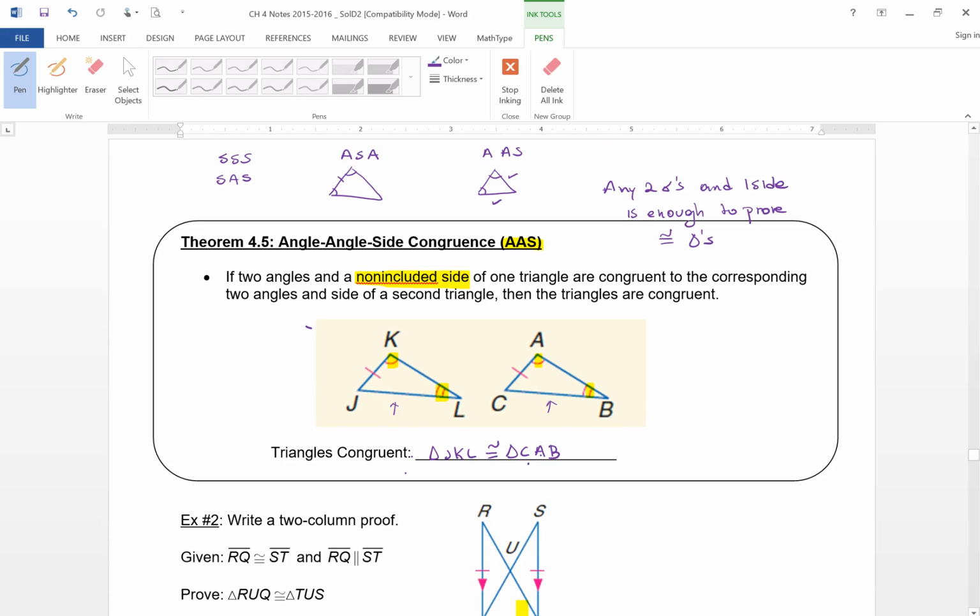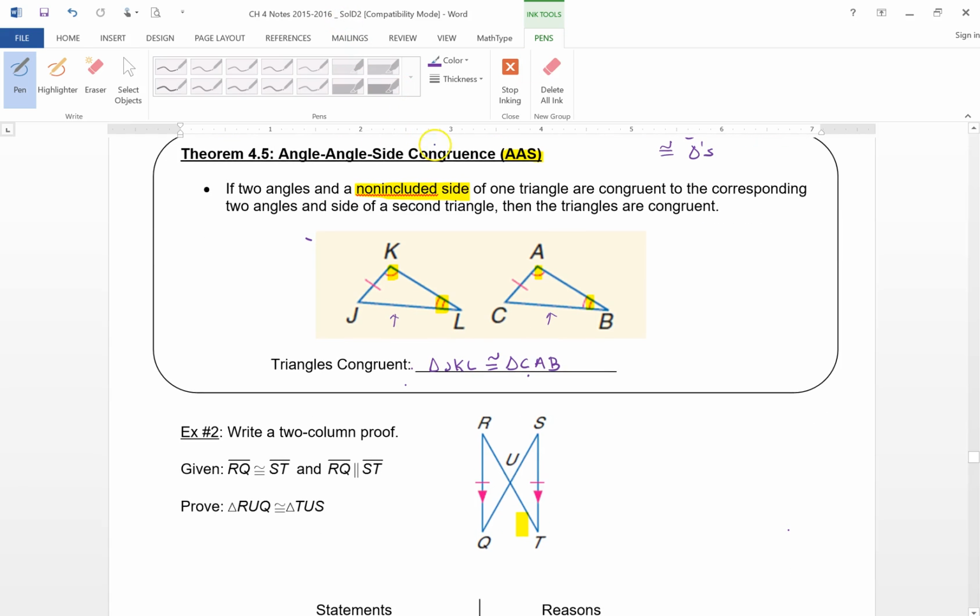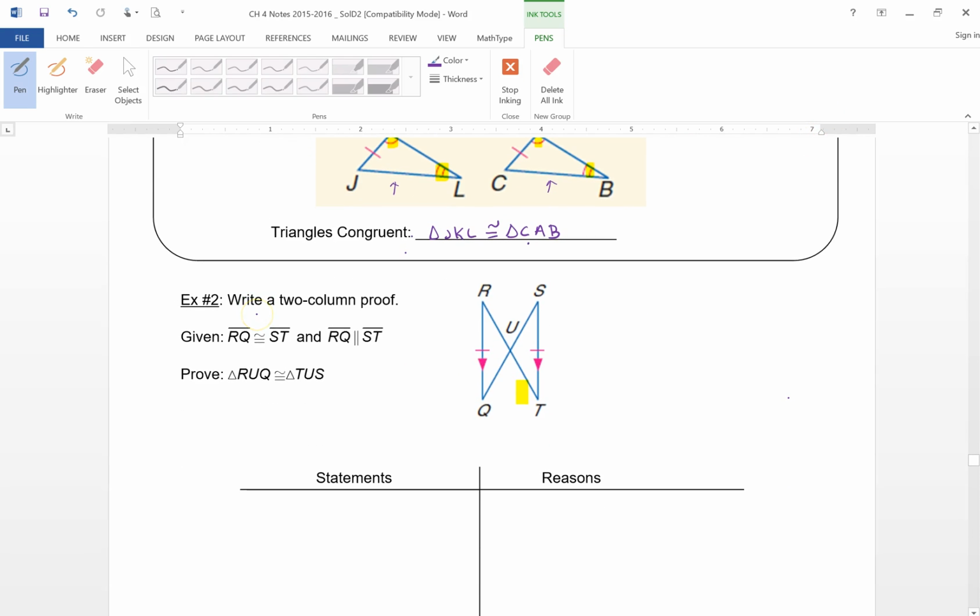Okay. So here it says to write a two-column proof, and if it doesn't say what congruence postulate you're supposed to be using for it, then it's up to you. Okay? So, we have here RQ is congruent to ST, and they're also parallel.